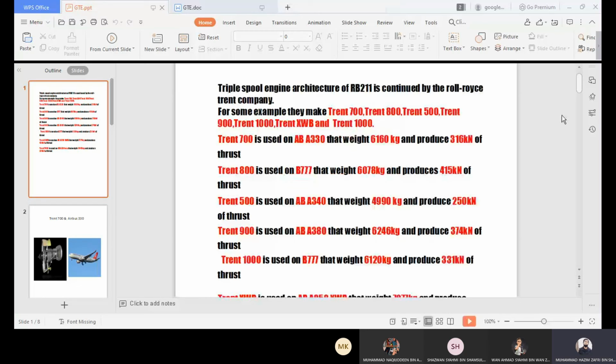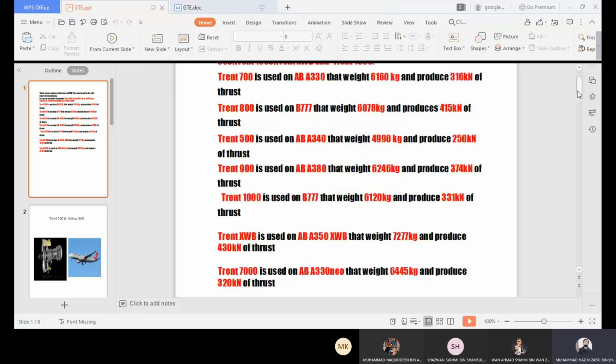Trent 500 is used on the Airbus A340 that weighs 4,990 kg and produces 250 knots of thrust. Trent 900 is used on the Airbus A380 that weighs 6,246 kg and produces 774 knots of thrust.